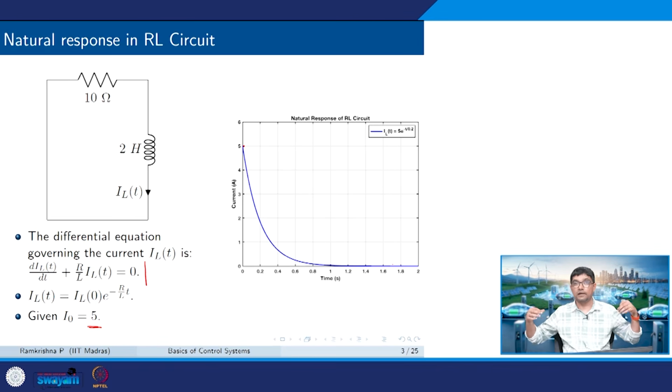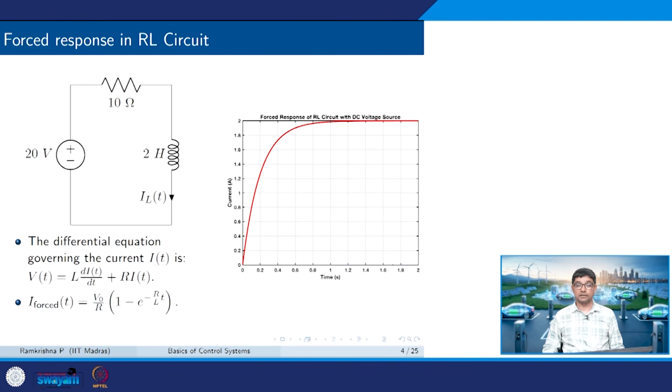If I switch on this air conditioner in this room, it will go back to its natural temperature, which could be slightly higher than what I see now. Maybe it's now 21. It might be 28 or 32 depending on the ambient weather conditions. On the other hand, if I want to switch on a fan, which means I put a 20 volt source at some t equal to 0, then what happens is that the current builds up; the fan does not go to its full speed instantaneously.